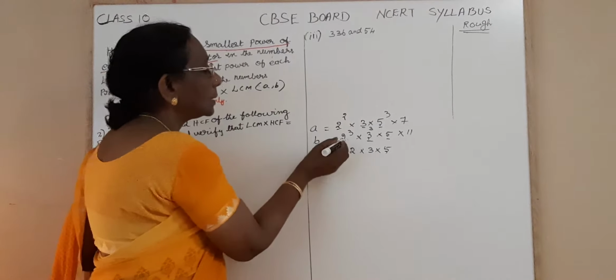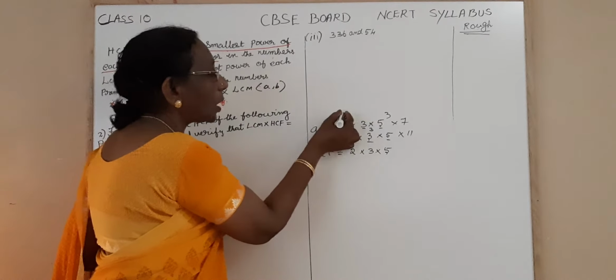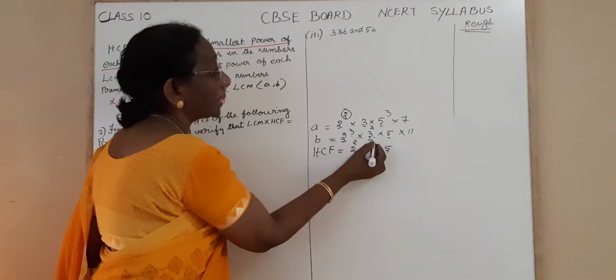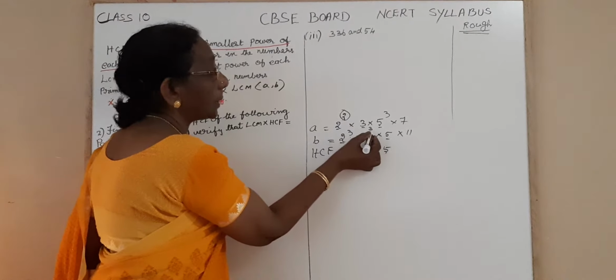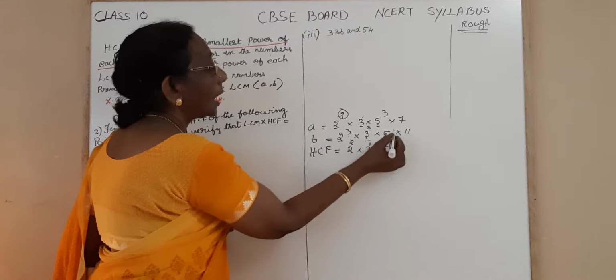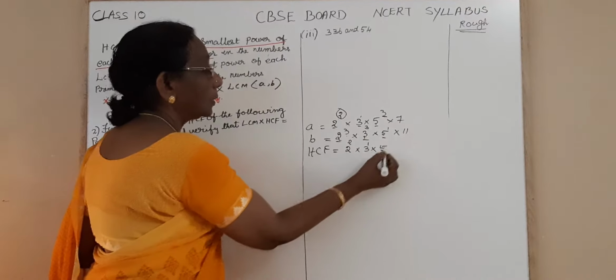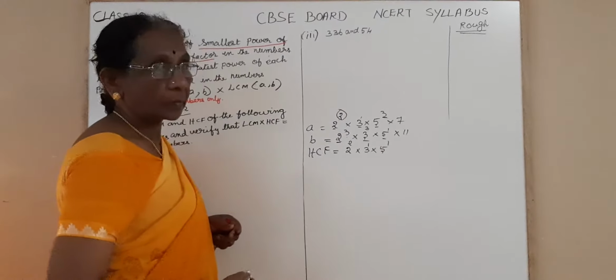Among these, what are the powers? For 2, here it is 3 and here 2, so the smallest is 2, that is 2 square. For 3, here the power is 3 and here 1, so it is 3 to the power 1. For 5, here the power is 1 and here the power is 3, so it is 5 to the power 1. Have you understood?